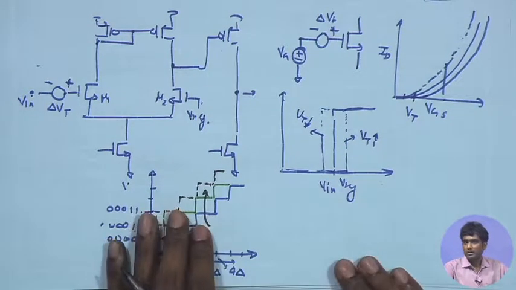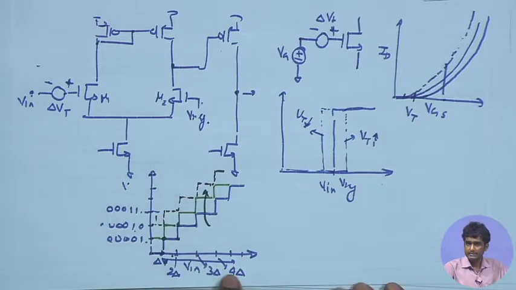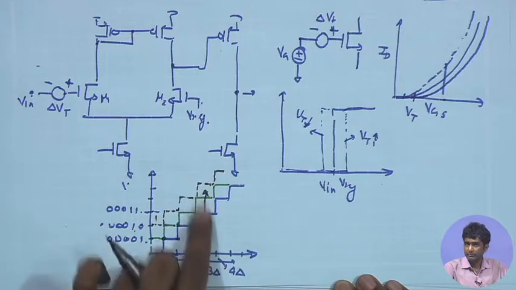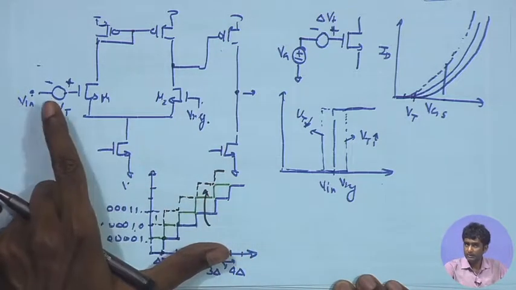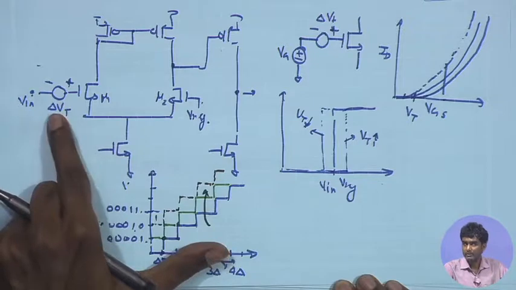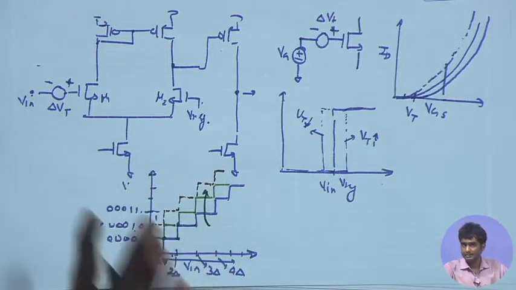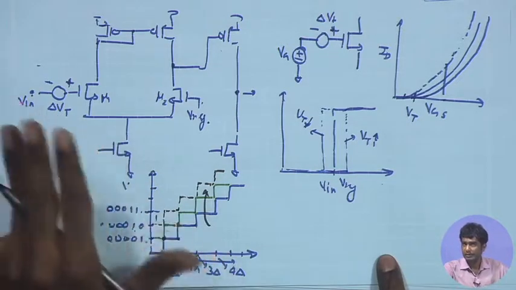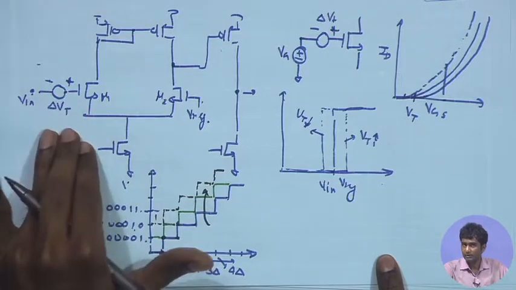Now, the problem is that in general this shift may not be even constant, the delta Vt that we are adding over here, that may not be constant, this can vary over time. So, there are some device effects because of which offsets can vary over time, there can be time dependent shifts in these offsets.